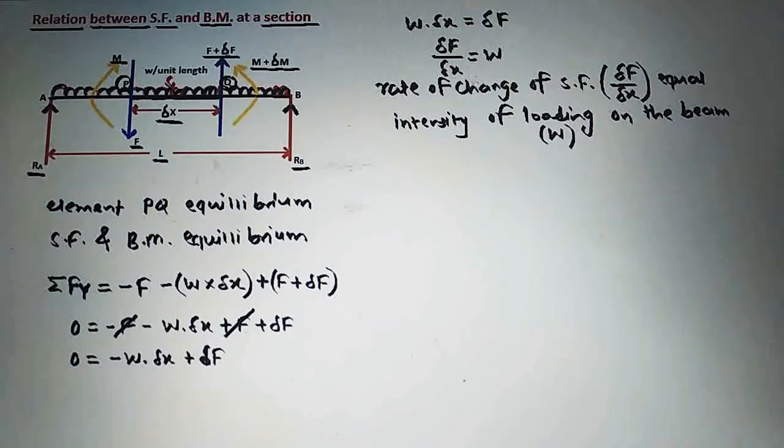So the rate of change of shear force, that is delta F divided by delta X, is always equal to the intensity of loading on the beam, and that intensity of loading is W.